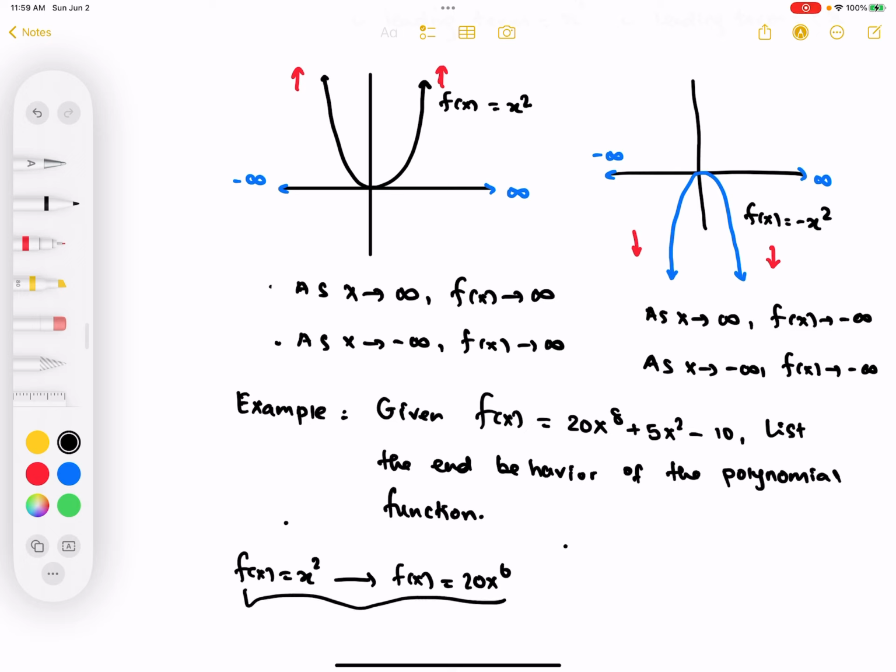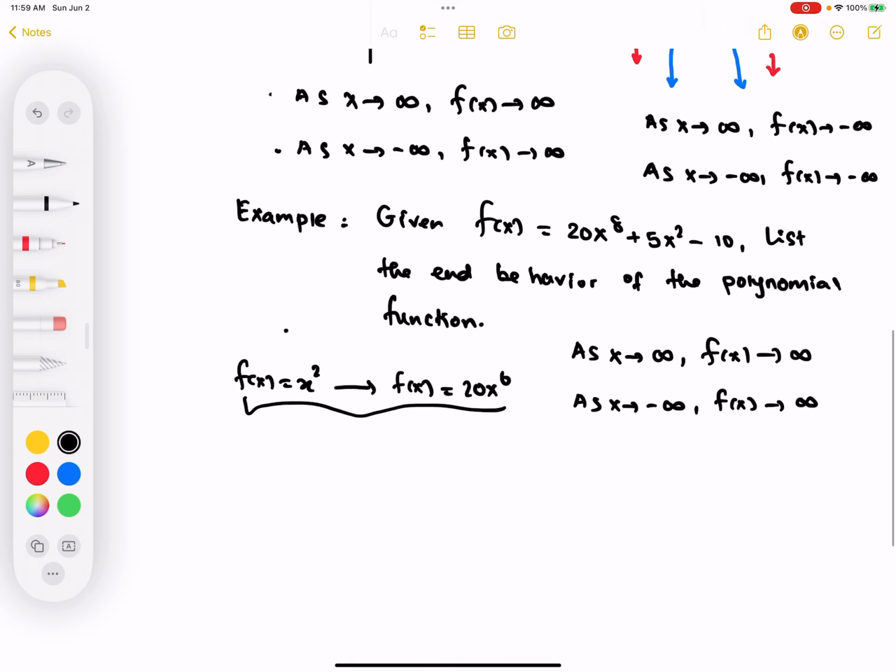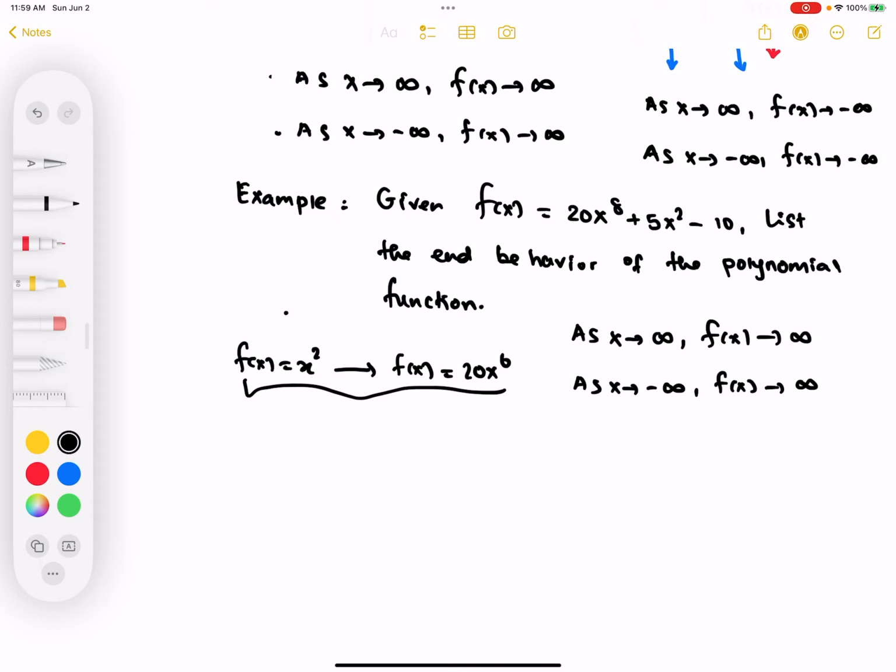When you analyze this function, as x goes to positive infinity, f of x goes to positive infinity. As x goes to negative infinity, f of x goes to positive infinity. So the behavior is the same as long as the degree is even and the leading coefficient is positive.